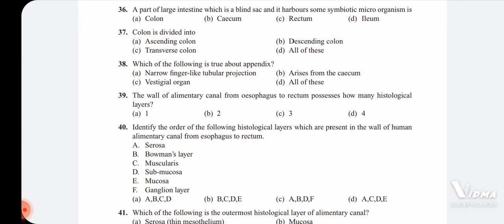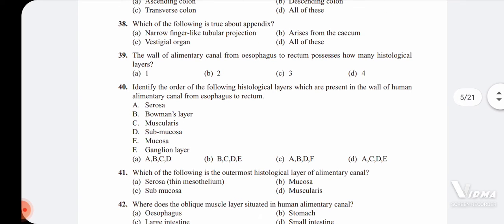Next, option C, it is considered a vestigial organ. Why is it considered a vestigial organ? Because it doesn't have any particular function. So A, B, C, all that they have mentioned are true about the appendix. Hence the answer is all of these.